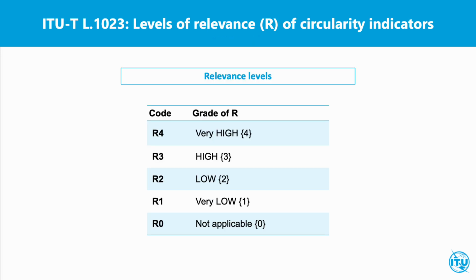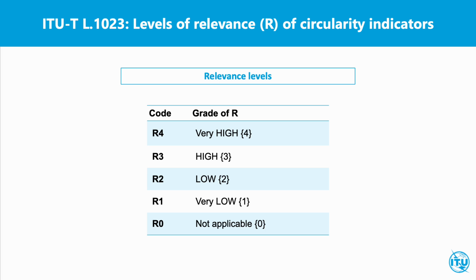Following the indicators we saw in the previous slide, ITU-T L.1023 further explains how these are measured using a structured relevance scale. Each criterion is assigned a level from R4, very high, to R0, not applicable, depending on how important it is for the specific product's design.